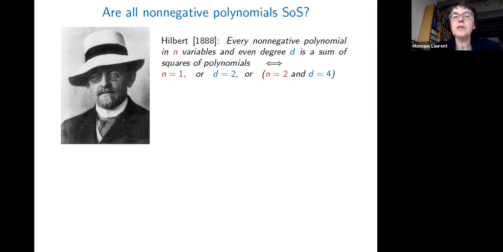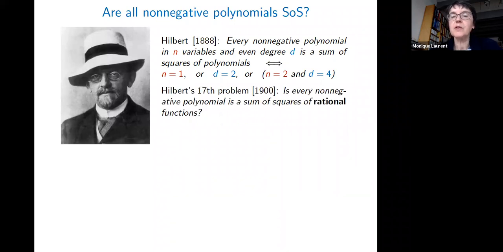Hilbert showed that this happens only in three cases. The first is the univariate case, n equal 1. The second is the quadratic case, d equal 2. And the third is the exceptional case of polynomials in two variables and degree 4. In all other cases, there are counterexamples: polynomials which are non-negative, but not sums of squares.